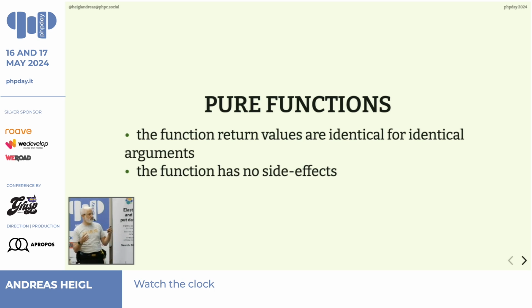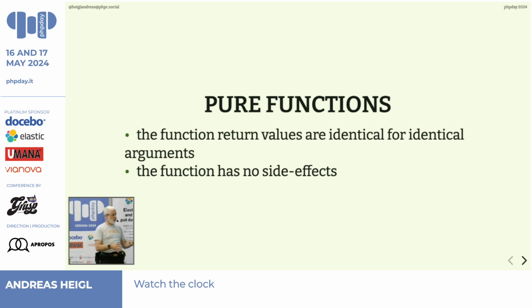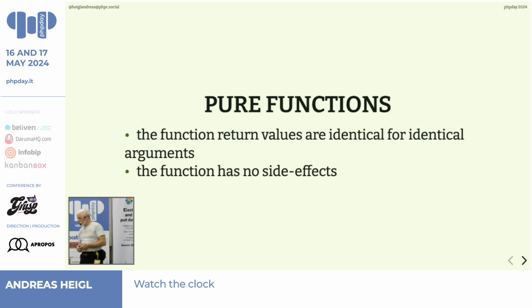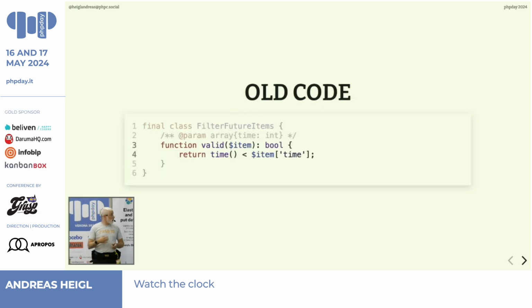A pure function is a function that always returns the same result when you pass in the same values, and that doesn't have any side effects. The side effects are irrelevant for us, but in our case, the problem is we can pass in the same parameters into the function, but at one point in time, we will get a different result. And that is really, really hard to test. So let's have a look at the code here.